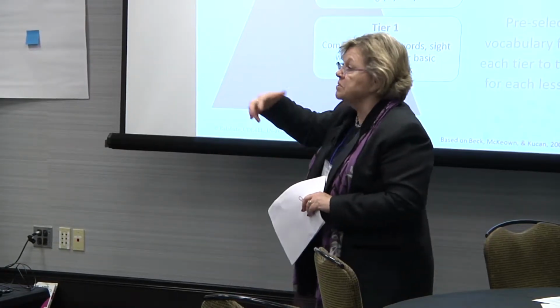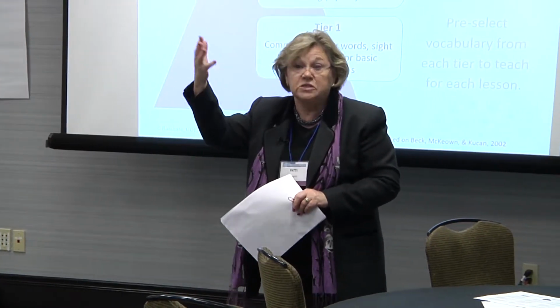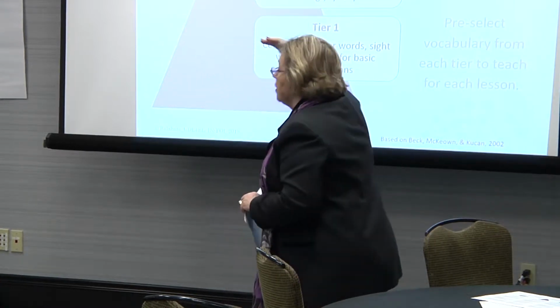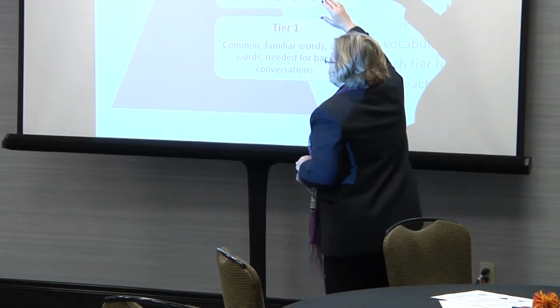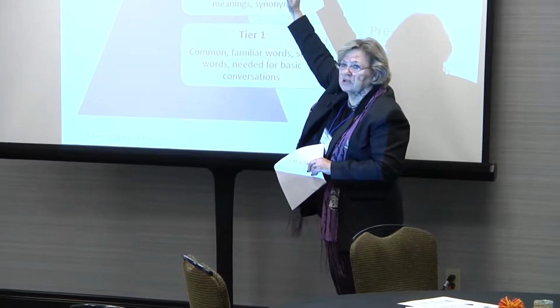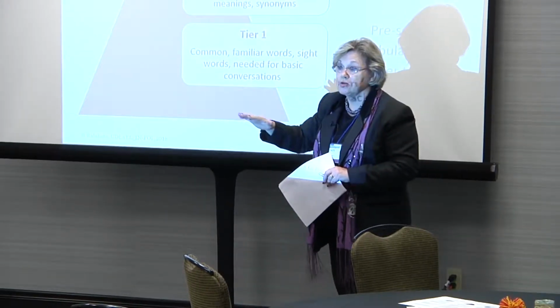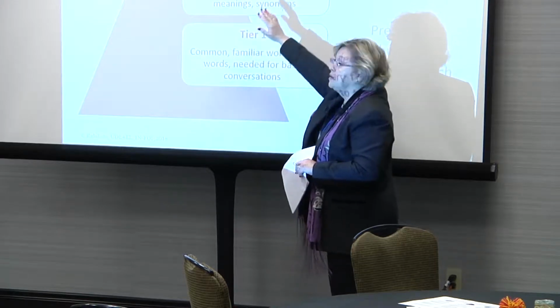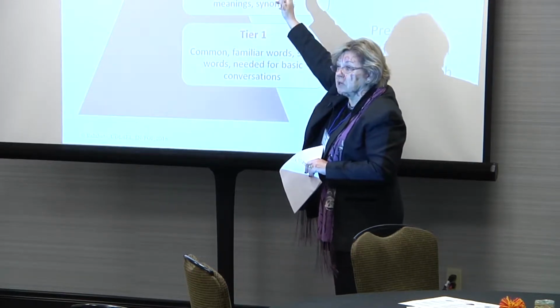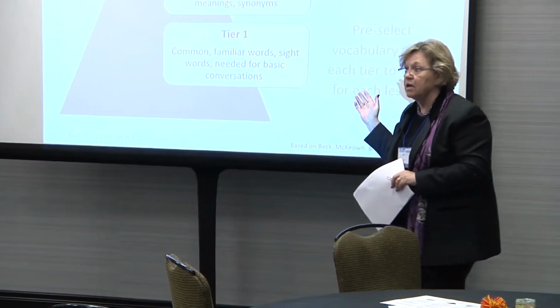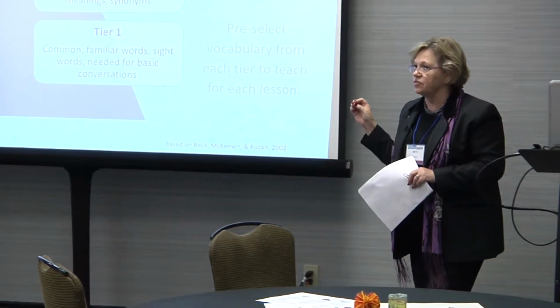Those are oftentimes the academic vocabulary that is the focus of our lesson. You need to be able to discern the vocabulary that you're using and what level the students are in your classroom, and define Tier 1, Tier 2, and Tier 3 vocabulary as needed, and have scaffolds in place for those.